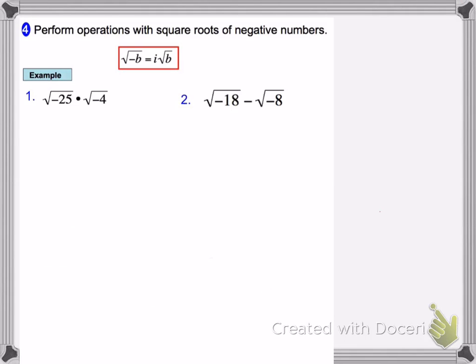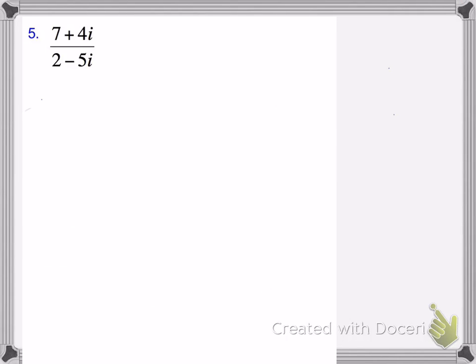My next example is going to involve dividing two complex numbers together. And in doing so, you really need to multiply by the conjugate. Well, when I multiply by the conjugate, remember that it's really only changing the symbol in front of the imaginary unit.